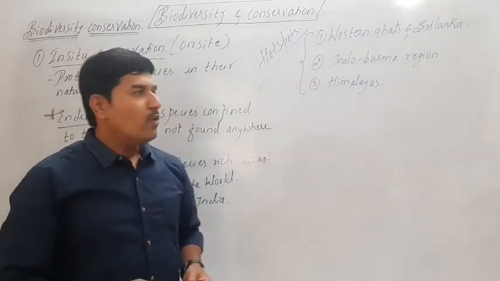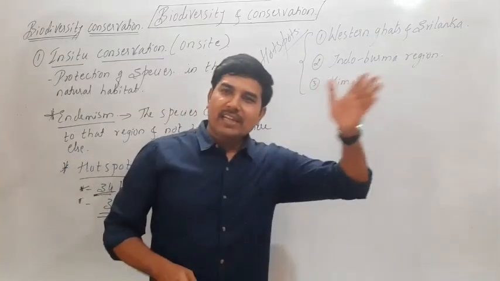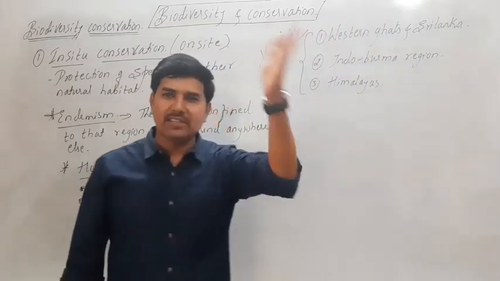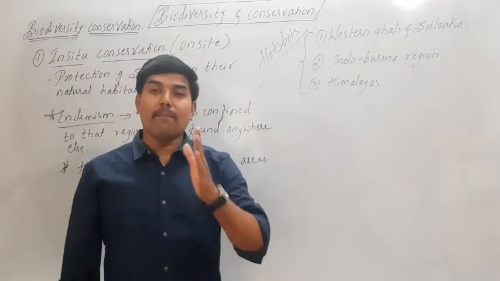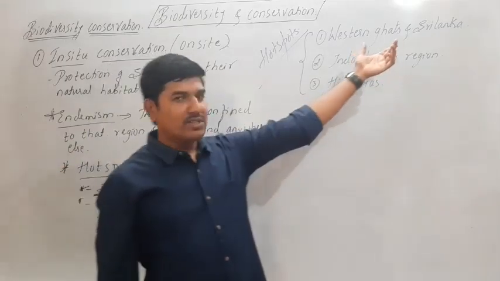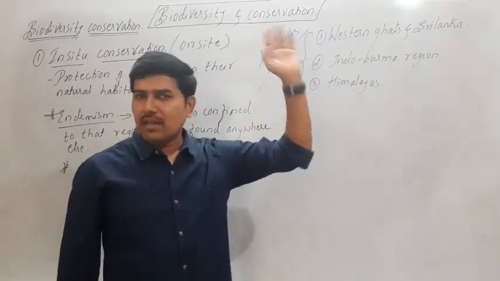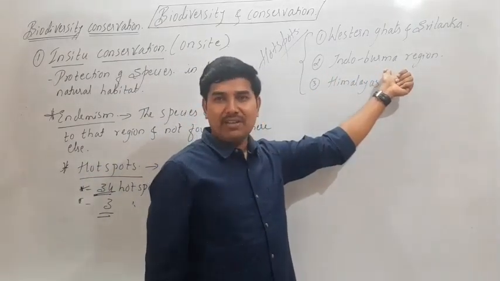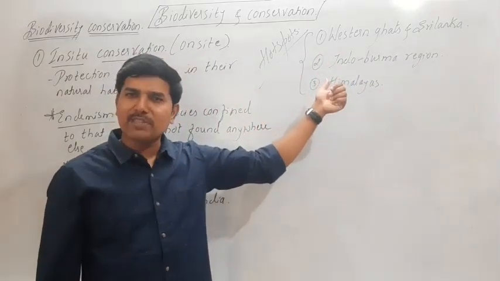So the first one is the Western Ghats that continues to the Sri Lankan region. Western Ghats is a biodiversity rich center, that's why we call it a biodiversity hotspot up to the Sri Lankan region. It has immense forest. Then the Indo-Burma region is rich in biodiversity, and many species are present here.